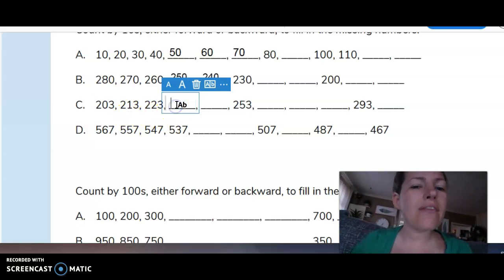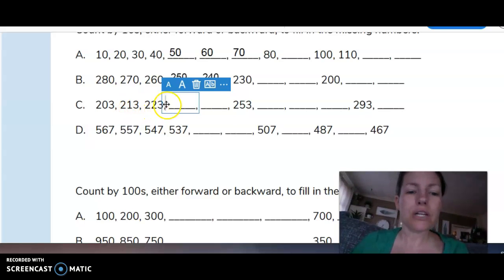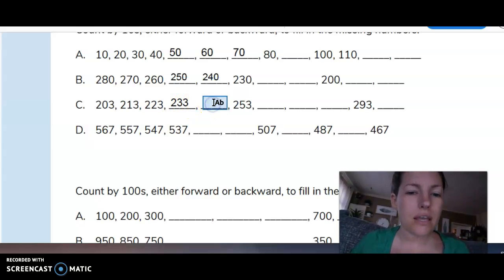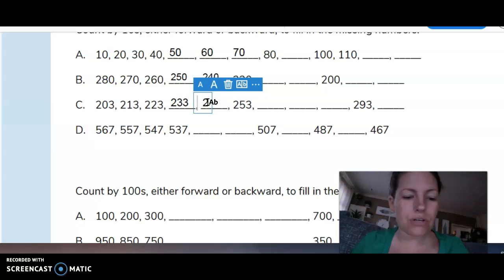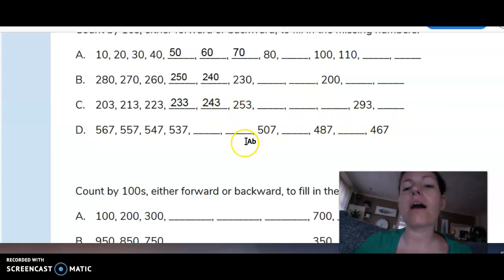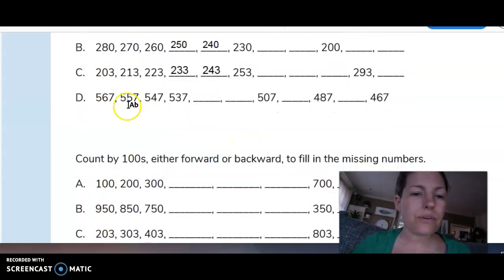And then I bet the one after that will have 3 tens. And then I bet the one after that will have 4 tens. So we have 203, 213, 223. Now I'm going to add one more 10 to the tens place. That's going to put me at 233. Now I'm going to add another 10, 243, 253, and I want you to continue on with the remainder.